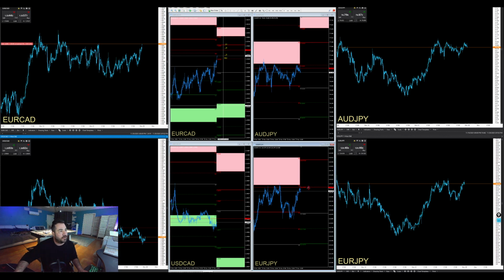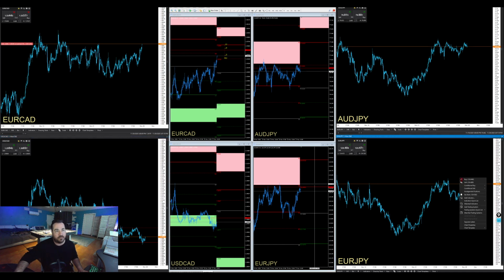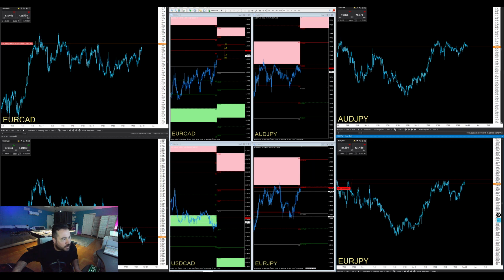All right, so I do want to set an alert here on the Euro Yen. And with this spread here, we're talking 124530. That can't be right. Okay. 1239960.